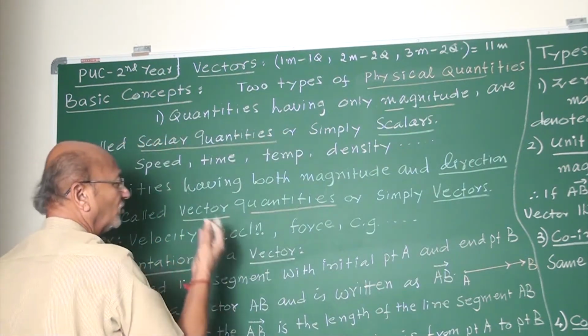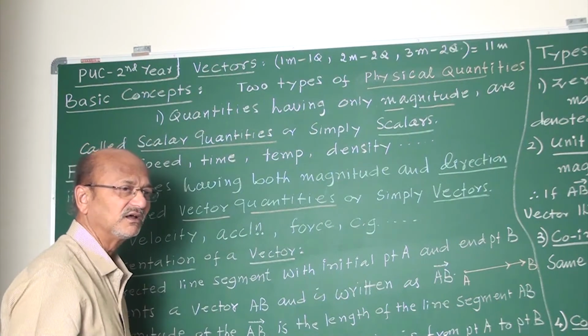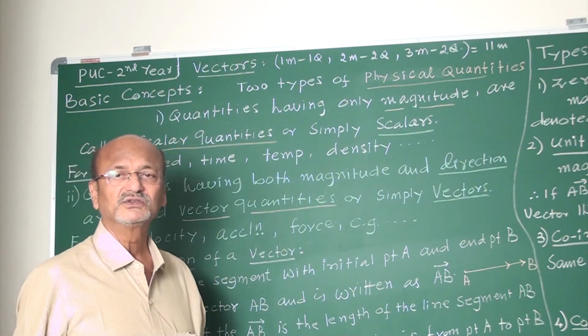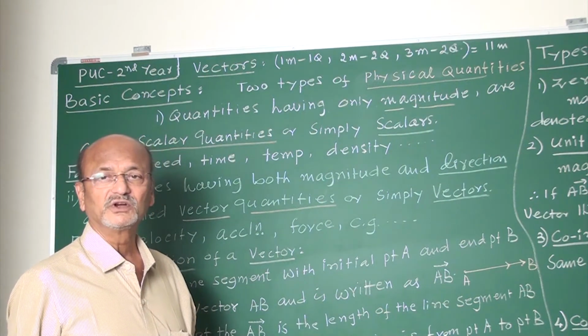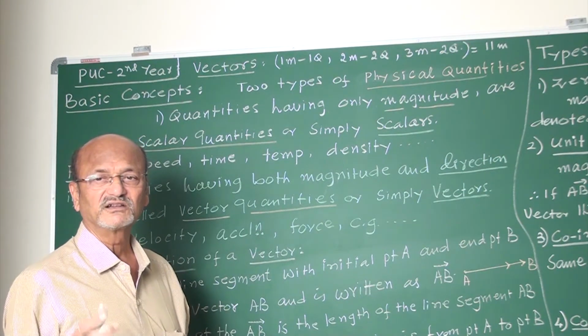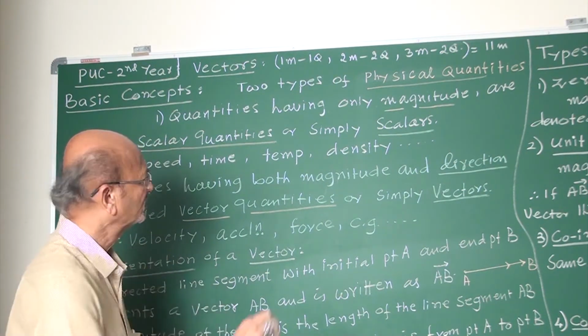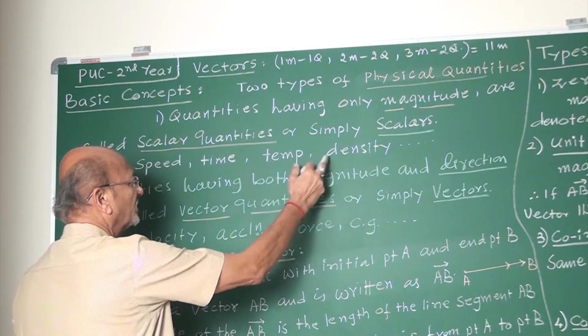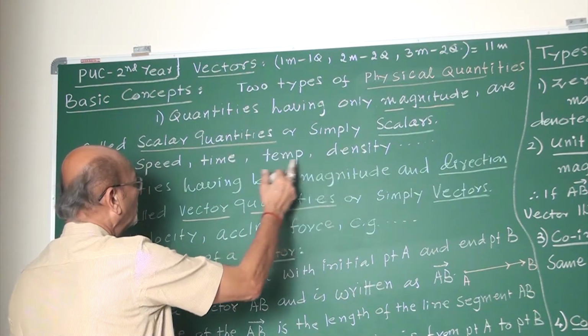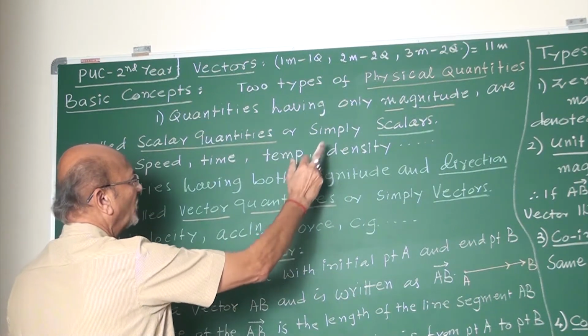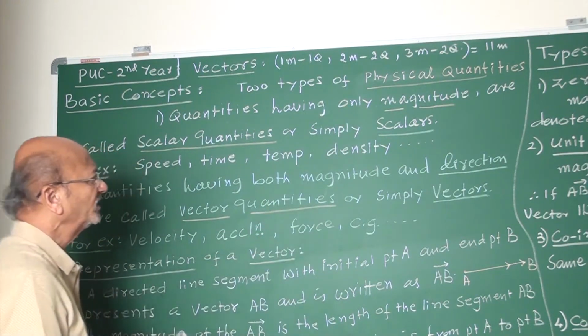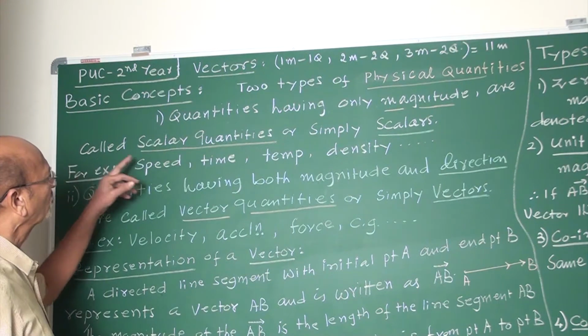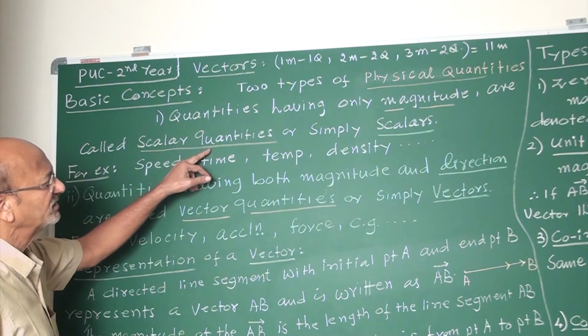We do not know where we are going, but we can tell the speed of my vehicle is 20 kilometers, 30 kilometers. Those 20, 30 are fixed numbers, my friends. Even time, temperature, density. All these quantities have only magnitude.